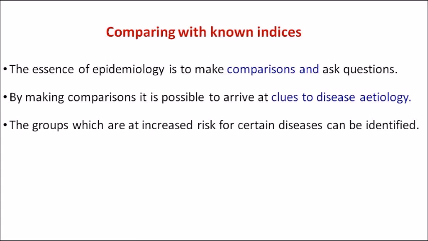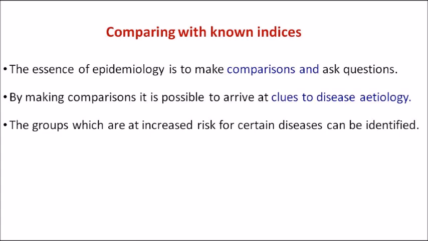Then the groups which are at increased risk of certain diseases can be identified by this method of comparison. So we already have some known indices, and we have to compare the measured data of the disease which we have obtained with them, so that we can identify high risk groups, or the people who are having an increased chance of getting the disease. That is what comparing with known indices means.